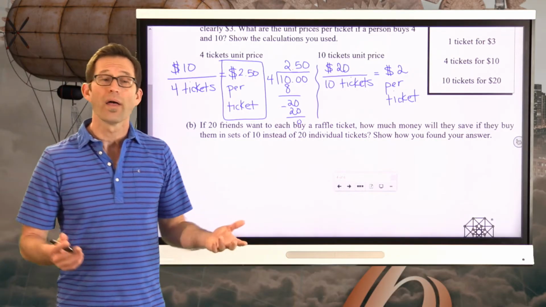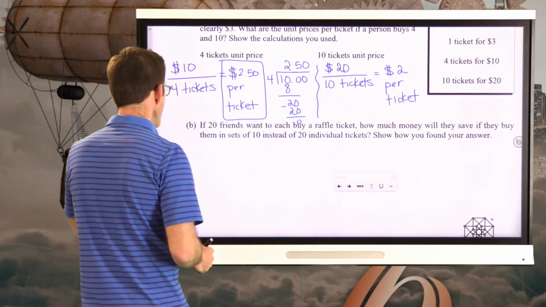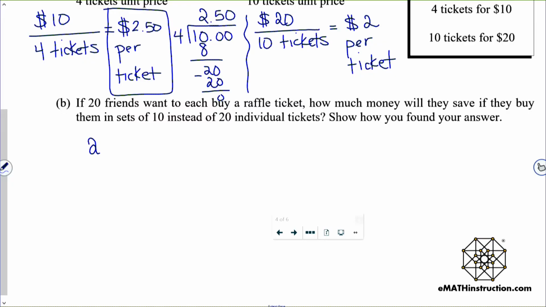All right, well, at the single ticket rate, you'd have 20 times $3 per ticket. And it's really 20 tickets. And of course, that gives me 20 times 3, which is $60.